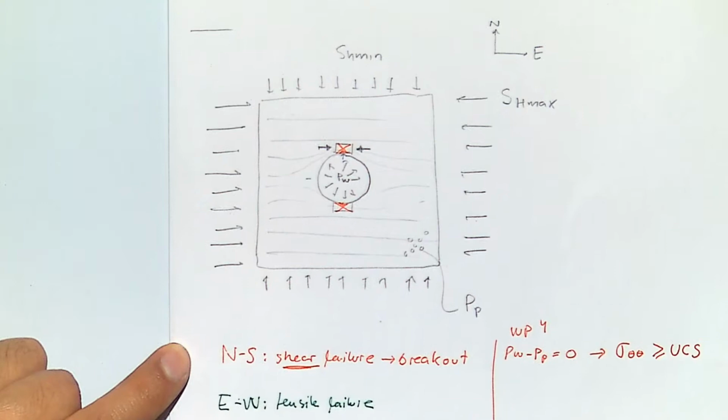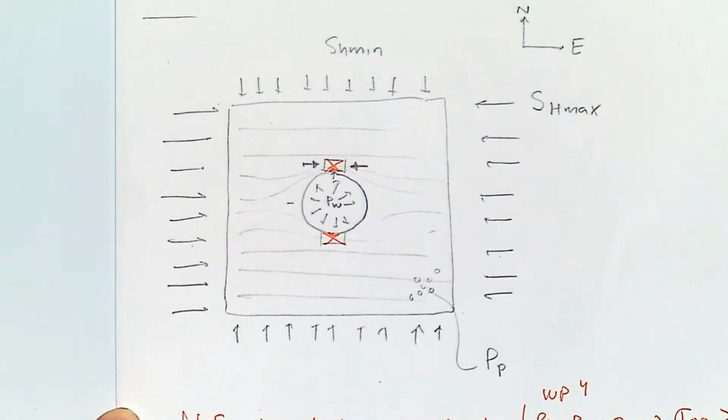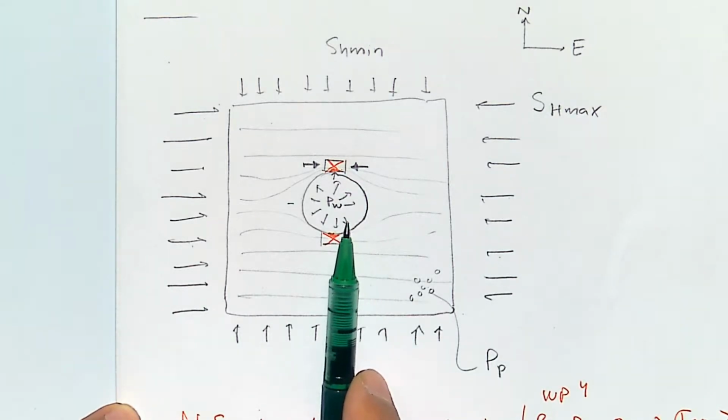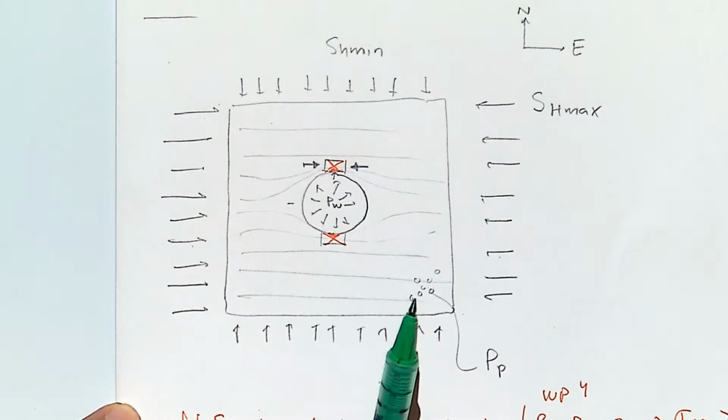And what is going to be the orientation of those tensile fractures? Are they going to grow in direction east-west, north-south, or at an angle?